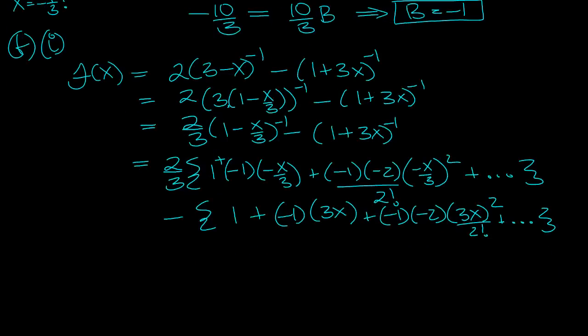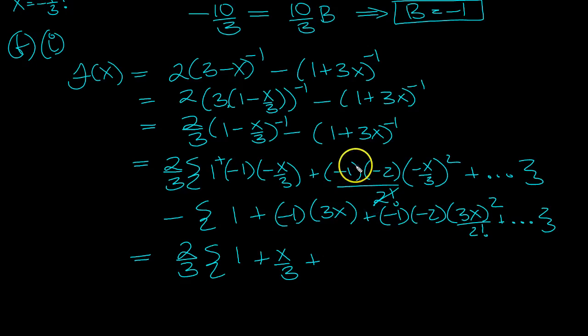So let's see what we've got. Equal to 2/3. Let's work out these terms. Minus times minus 1 gives a 1 here, then plus x over 3. And then with four minuses it's a plus.